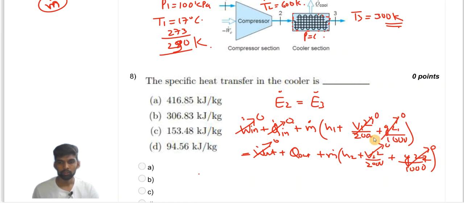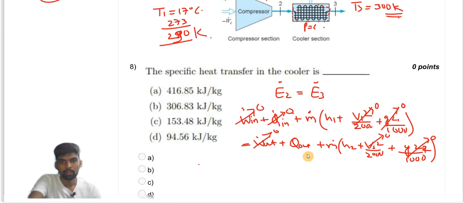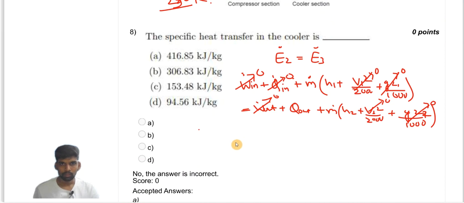These are not individually 0, but the changes in them is 0, so don't get confused with that. V1 and V2 are not individually 0. The change in kinetic energy between state 2 and 3 is 0, and same with the potential energy. What we have is Q out equal to m dot (h1 minus h2). So m dot, I think they have given m dot.